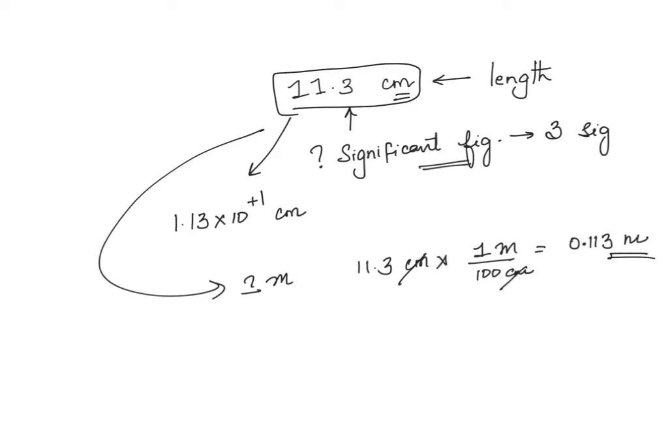That's one thing. Then they might give you pieces of data. Say for example, length of a string is 16.68 centimeters. When the string was given to 3 students, they got 16.5, 16.3, 15.8.